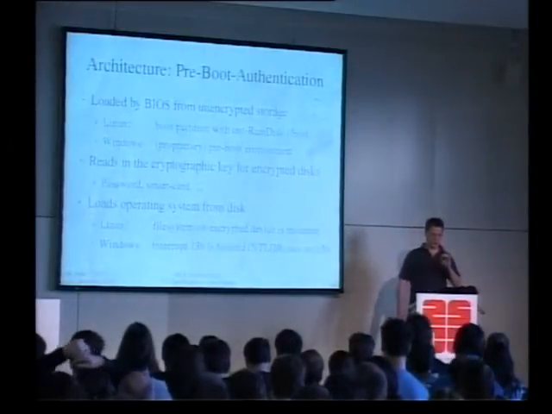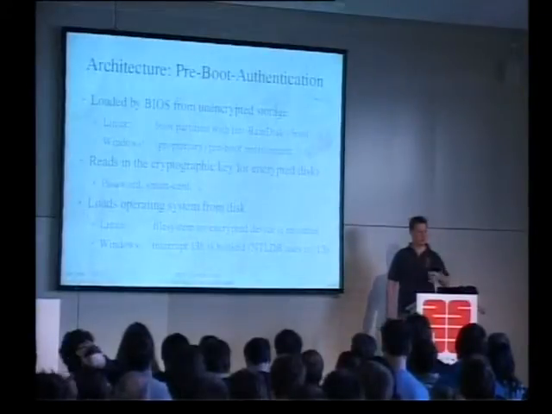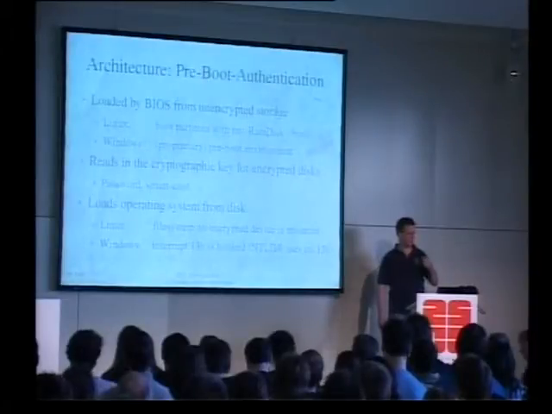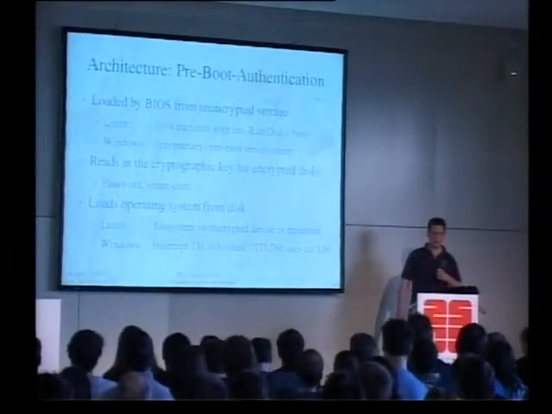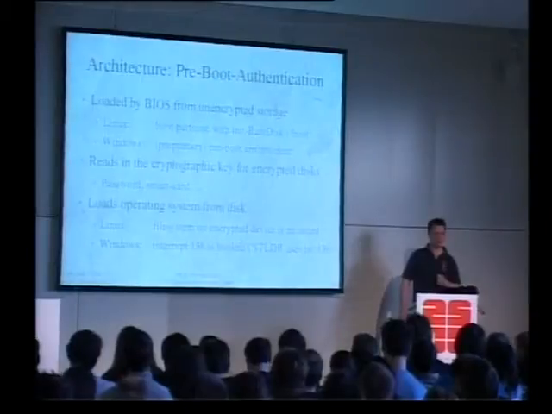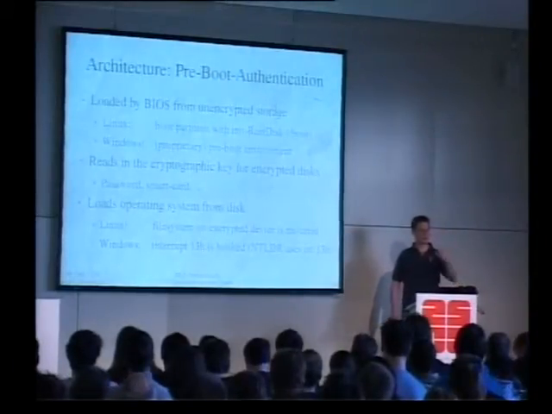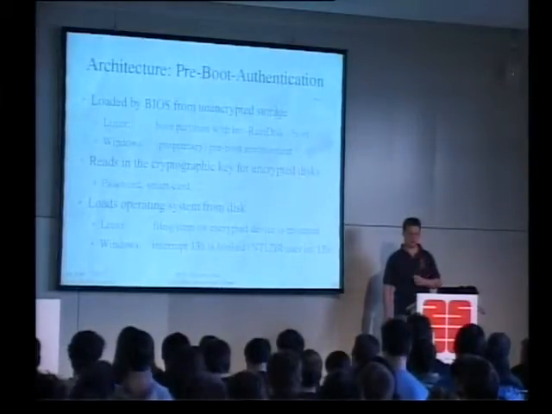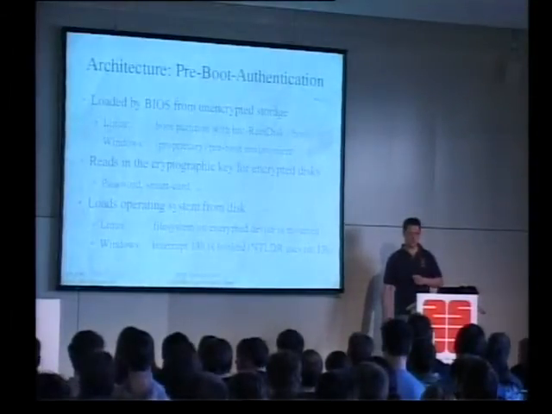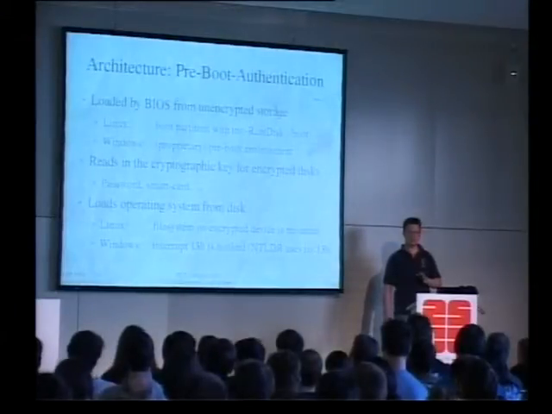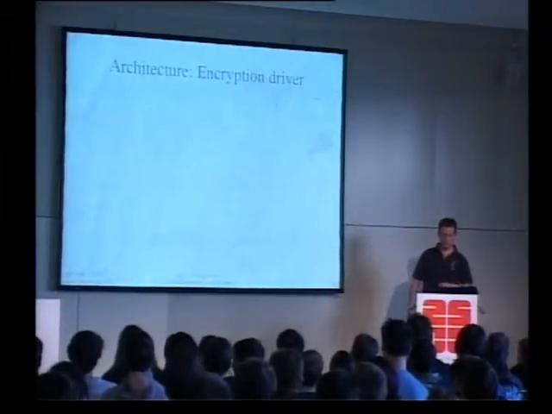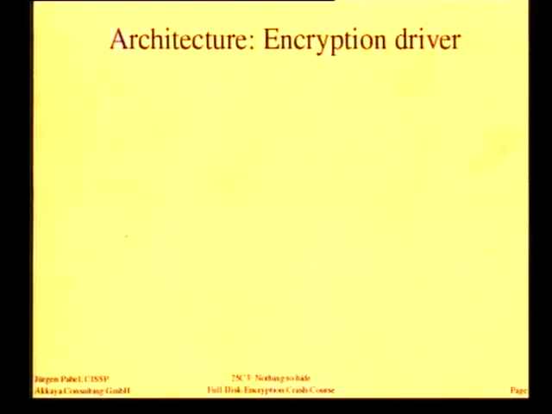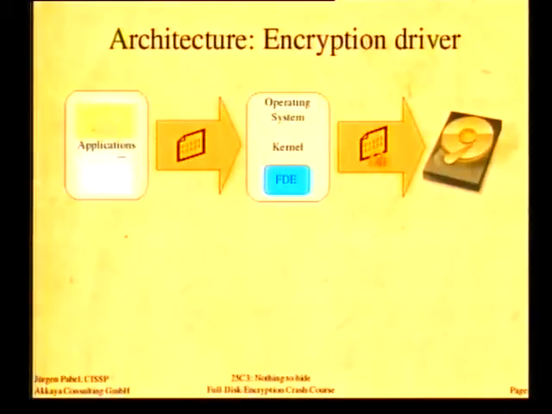So when the NT loader is run, it uses interrupt 13, and because the pre-boot environment has already replaced or extended the int13 function, the NT loader loads the data from the disk, which is encrypted, but it does so transparently. Did I get this point across? Okay.